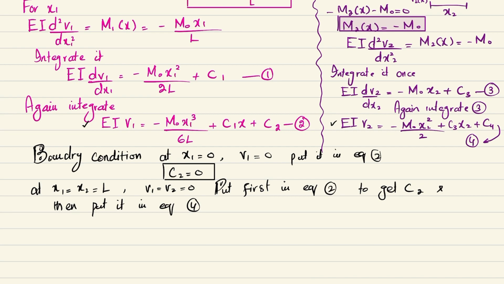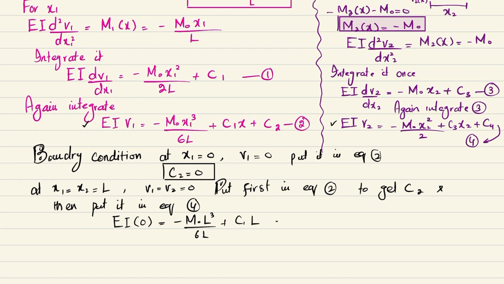So when you put x is equal to L, it will be minus m naught L cube over 6L, which will give you minus m naught L square over 6, plus C1 into L. As C2 is equal to 0, it will be this. So I will put EI into 0, because V1 is 0, is equal to minus m naught L cube over 6L plus C1 into L plus C2, and C2 is equal to 0.